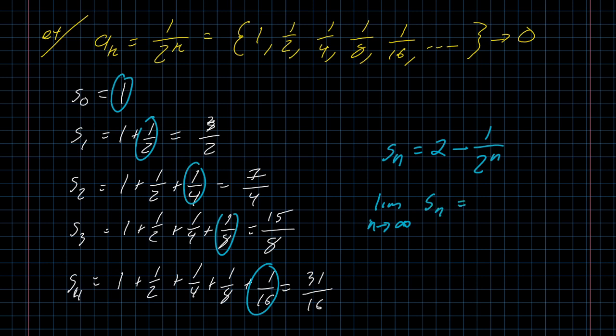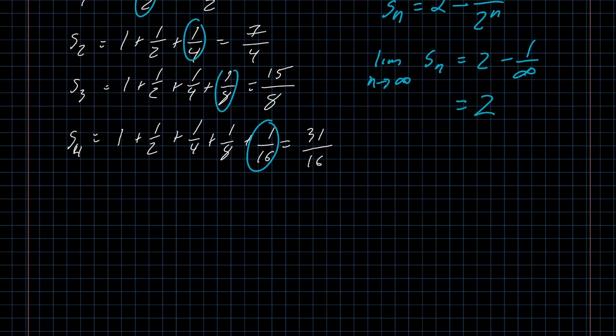If you try to take the limit on this thing as n goes to infinity, you'll have 2, which stays alone. And then you'll have a 1 over infinity term. 1 over infinity tends to 0. So the limit in this case is 2. The sequence converges to 0. The sequence of partial sums converges to 2.